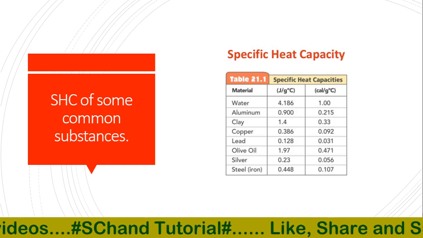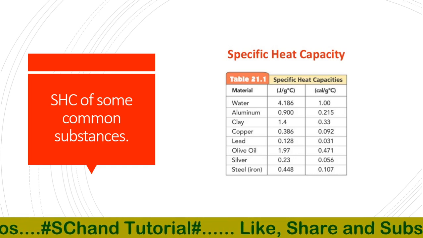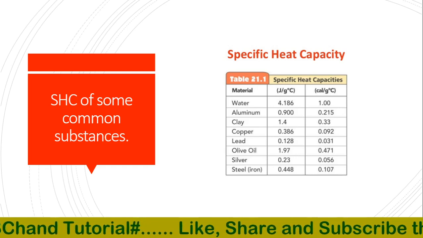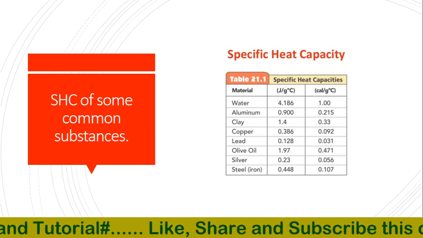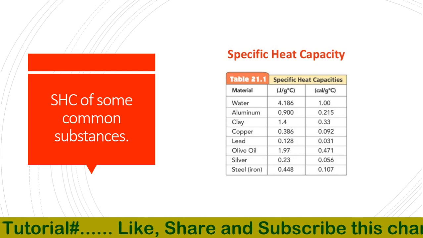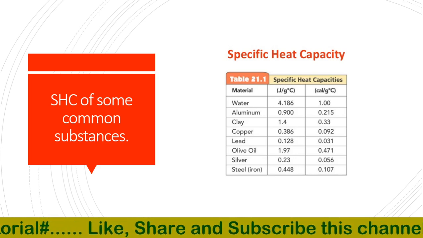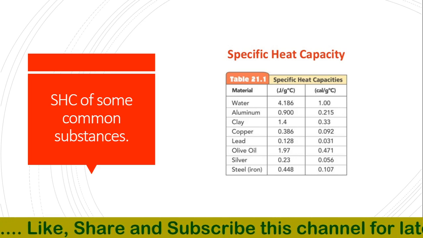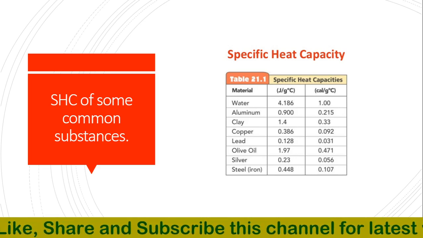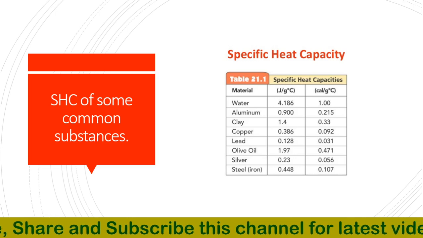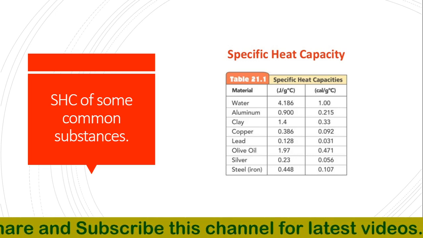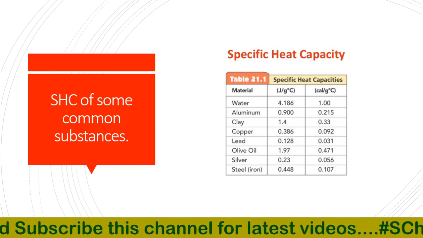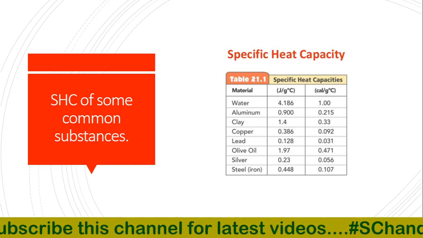Aluminium 0.9, clay 1.4, copper 0.386, lead 0.128, olive oil 1.97, silver 0.23, steel 0.448. So if I say the specific heat capacity of water is 4.186 joule per gram per degree Celsius, then what do you mean by this statement?